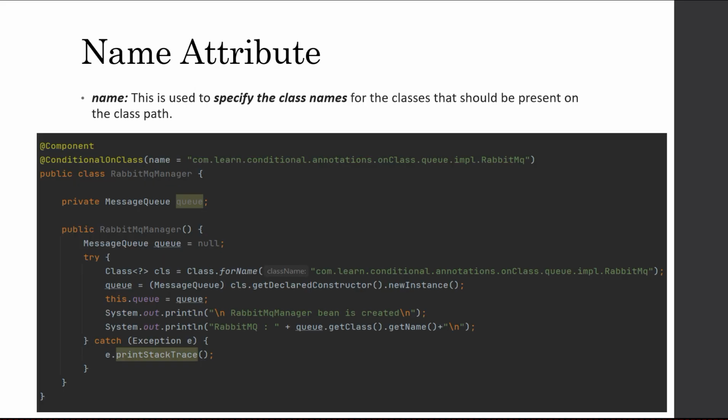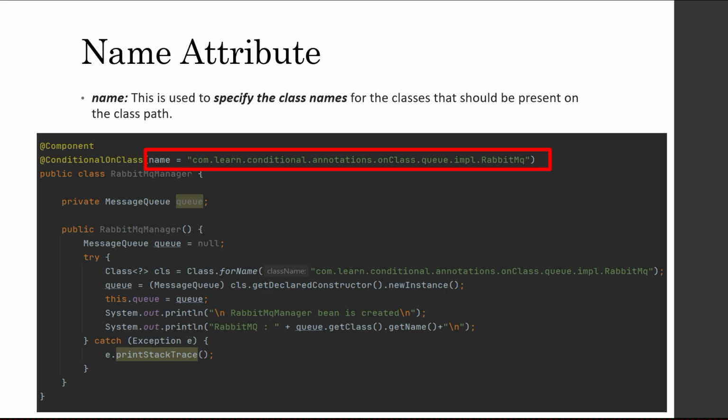The second attribute is the name attribute. This name attribute is used to specify the class names for the classes that should be present on the class path. Here we are providing the fully qualified name of the RabbitMQ class to the name attribute, and this attribute is useful when the RabbitMQ class is not present at compile time.